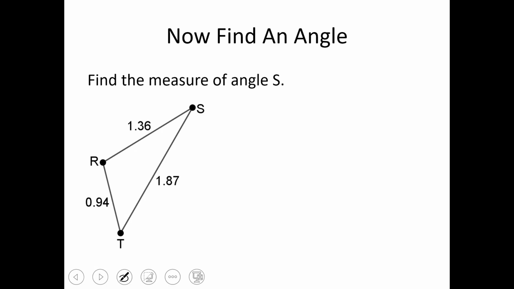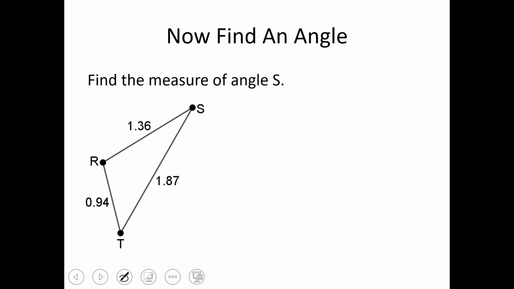So let's say that we're going to find the measure of angle S. That means we wish to use the version of the law of cosines which involves the angle S. Which version of those three equations will we use? It's the one that starts with little s.